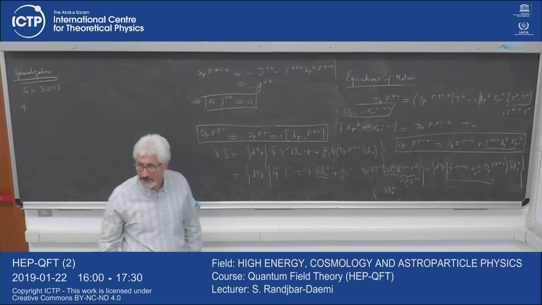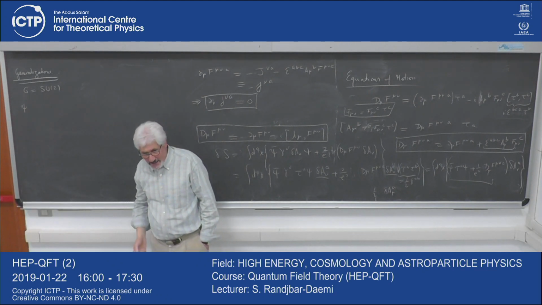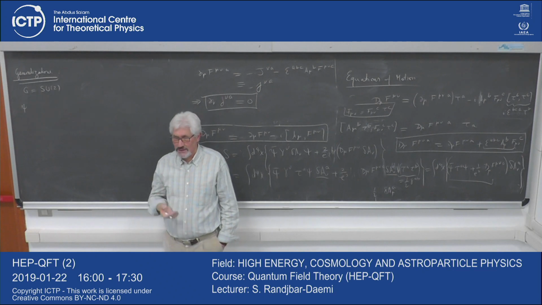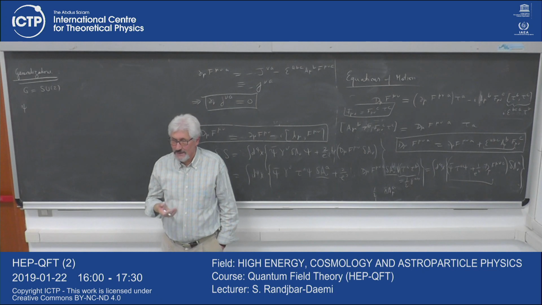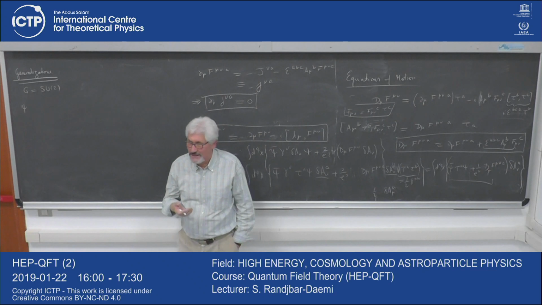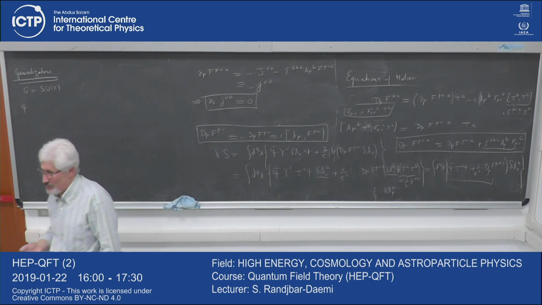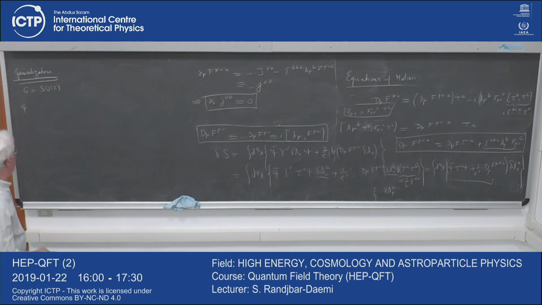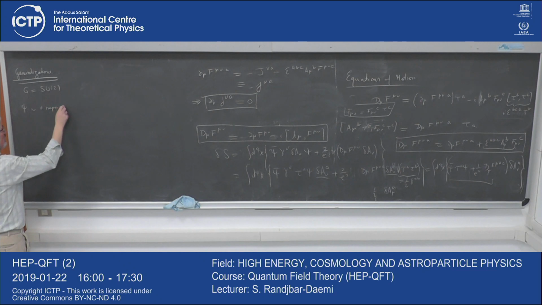And you know how to characterize any irreducible unitary representation of SU2. It's characterized by what? Yeah, by an integer or half integer, non-negative number. So let's say that it belongs to a representation with spin K. This spin has nothing to do with the space-time spin.